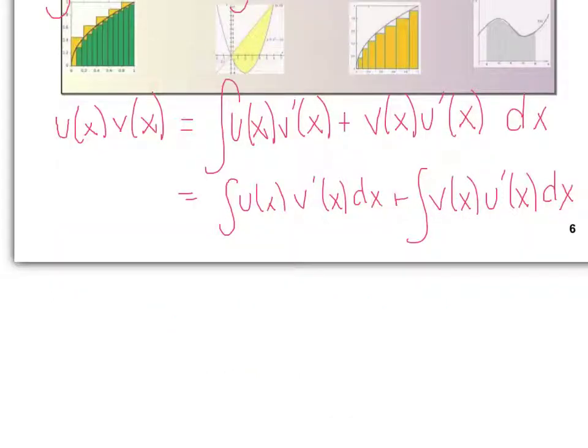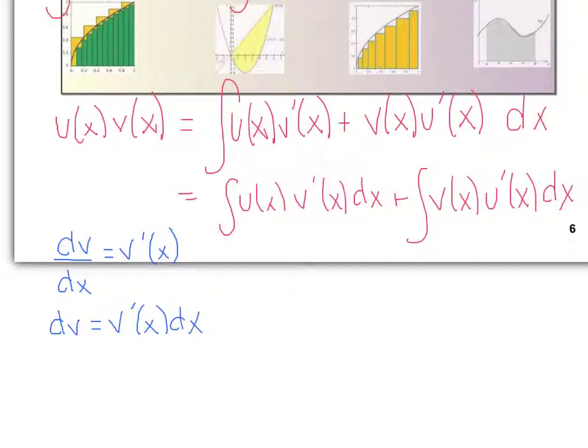Remember that another way of writing dv/dx is v prime of x. And therefore, dv can just simply be written as v prime of x dx. That differential of our dependent variable is equal to the derivative at x times that differential in x.